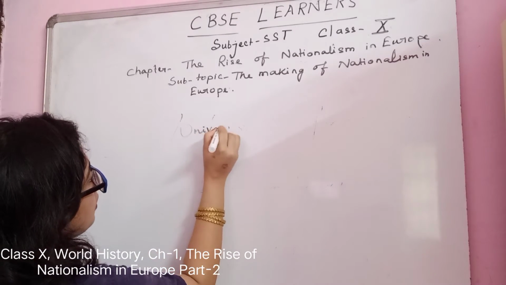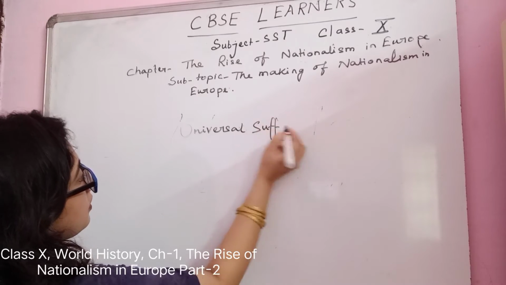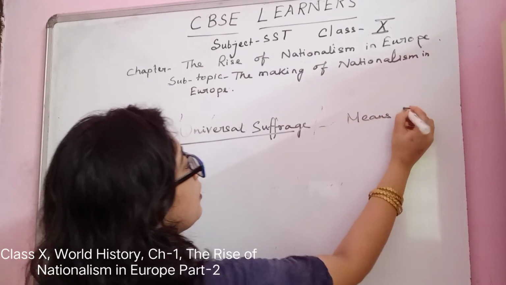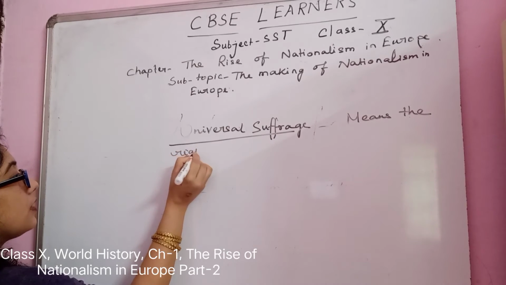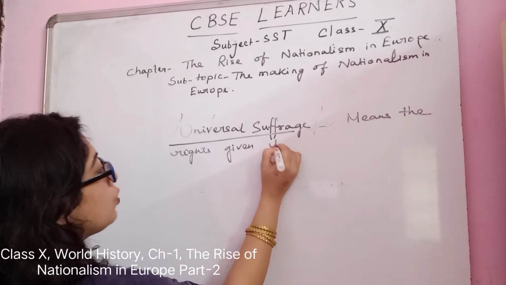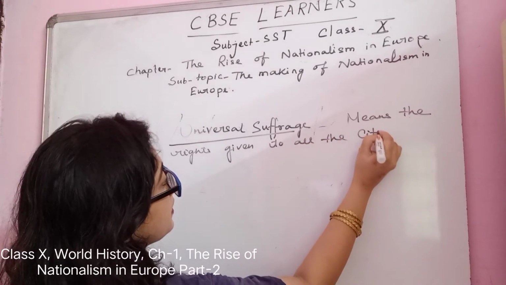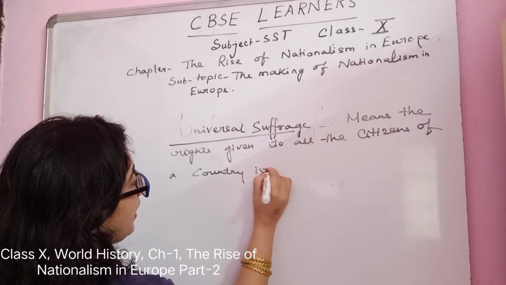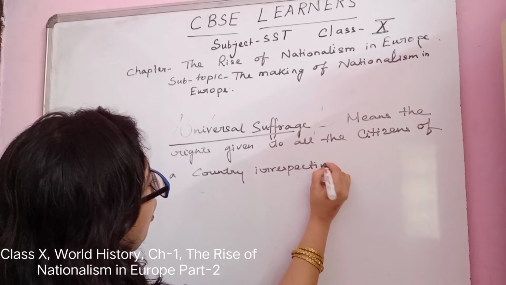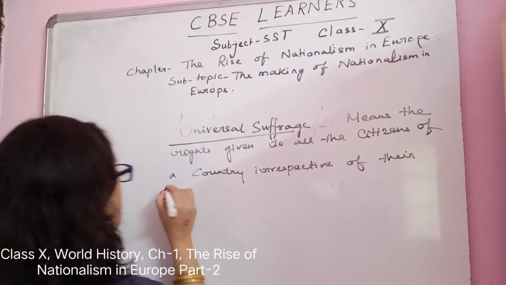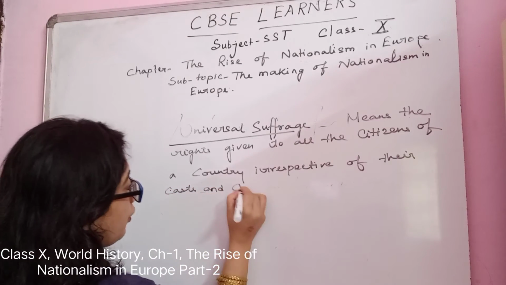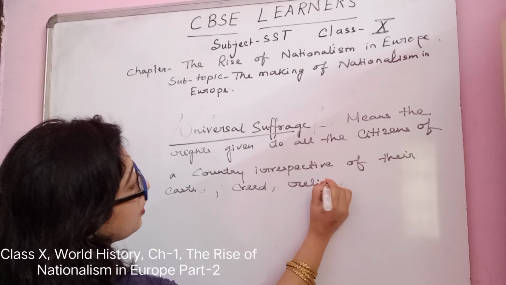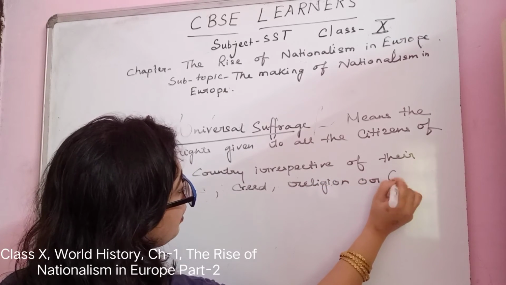Universal suffrage means the rights given to all the citizens of a country, irrespective of their caste and creed, religion or gender.